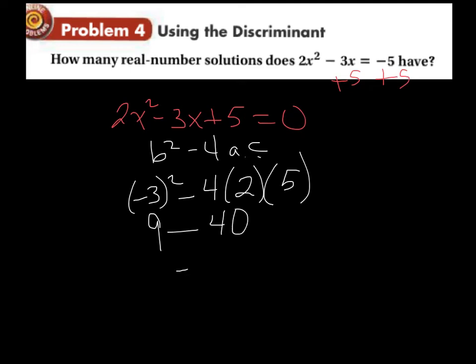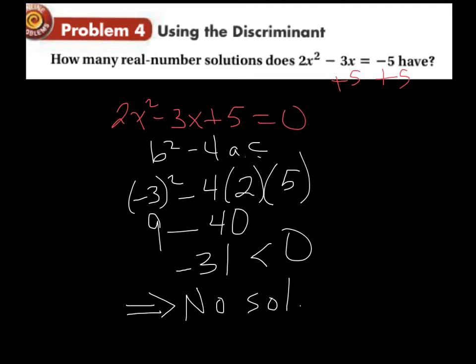So 9 minus 40 is negative 31, which is less than 0. And since it is less than 0, that tells me that this equation has no real solutions. So just using that discriminant, comparing it to 0, remember less than 0 means no solutions, equal to 0 means there'd be one solution, and greater than 0 means I would have two solutions to my equation.